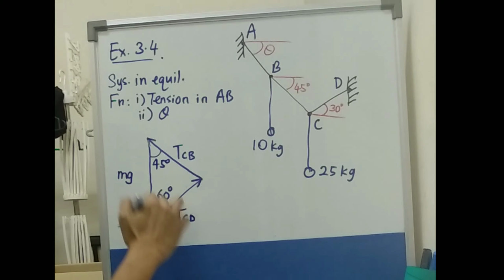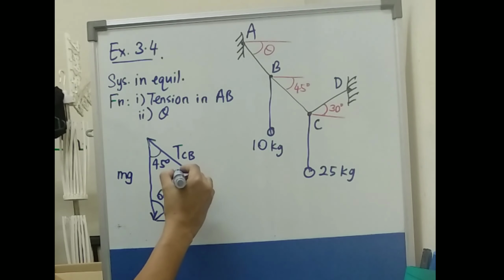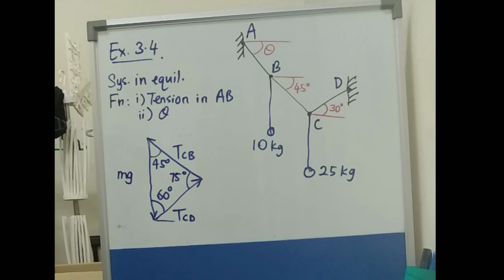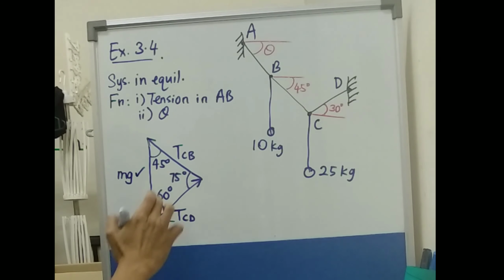Since 60 and 45 give 105, this would be 75 degrees. So there you go, you have the value of mg already and you have two angles.